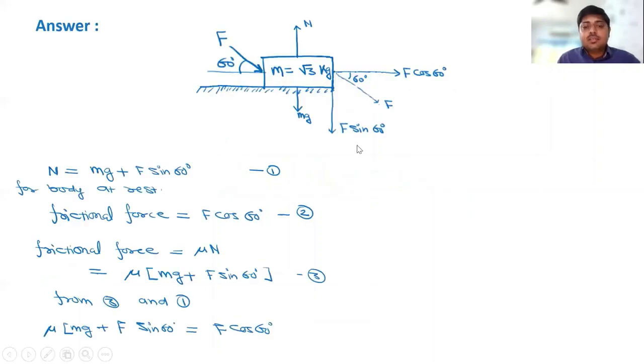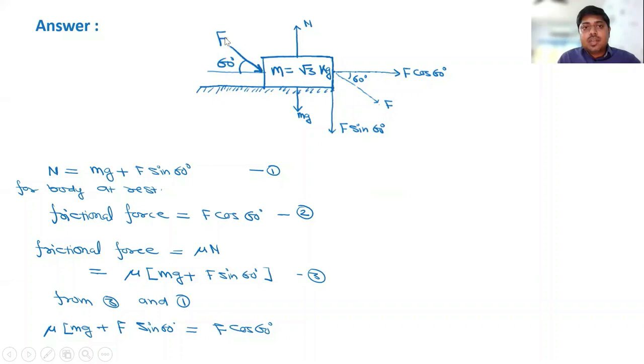We can see that there are multiple forces acting on this body. One is downward because of the weight or gravity, and one is acting upward perpendicular to this surface, that is the reaction force.